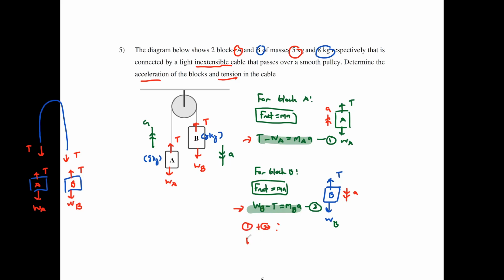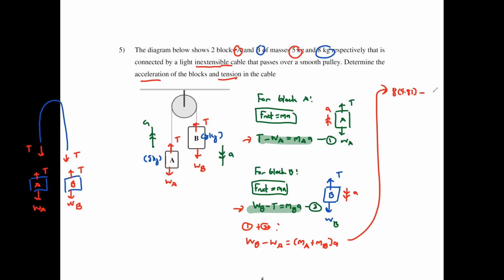So eventually I will just get WB minus WA equals to MAA plus MBA. Okay. So from here, let's put in all the values. Weight of B would be equals to 8 times 9.81.